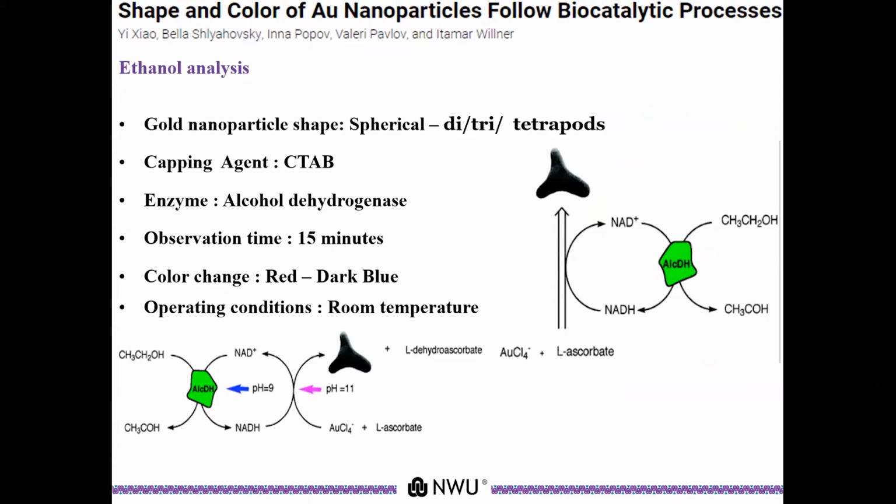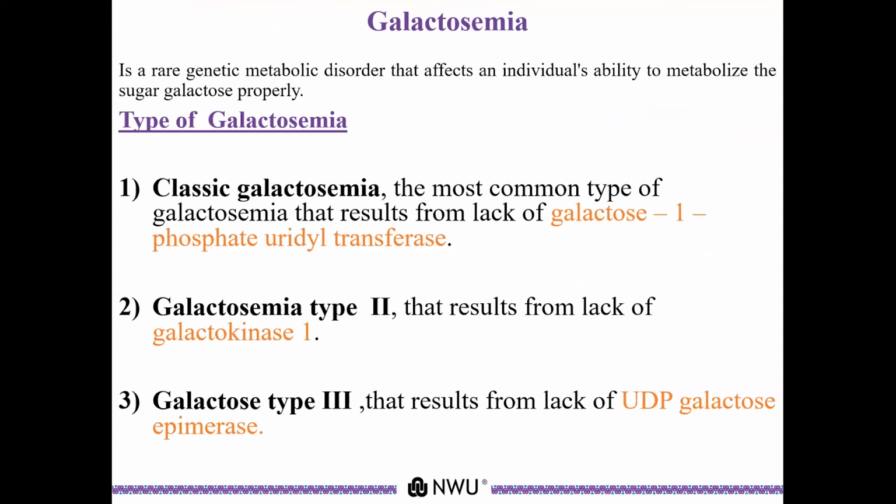So this drove me to the conclusion that something is happening with the capping agents. Once you change a capping agent, there is also a colorimetric reaction that produces a different color. That was the first stop that I did, and I'm ready to publish that article anytime soon.